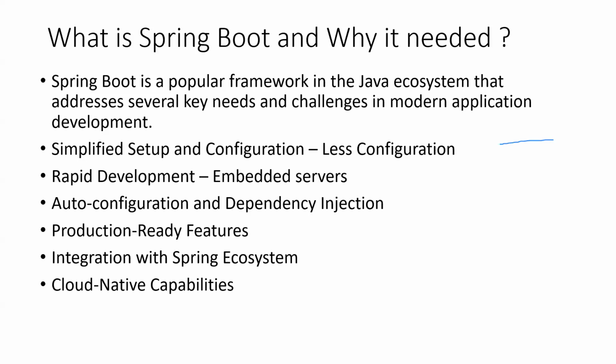Let me go one step back. In the Spring world, right? You have to identify the exact dependency you want to mention in the pom.xml. You have to visit the Maven repository and identify what exactly you want to accomplish, right?